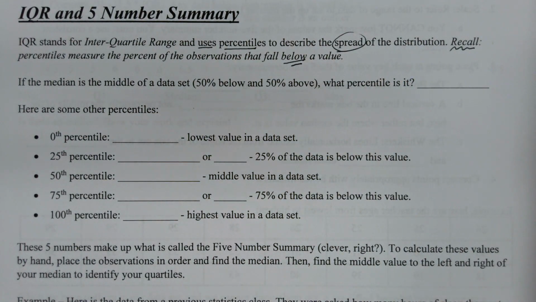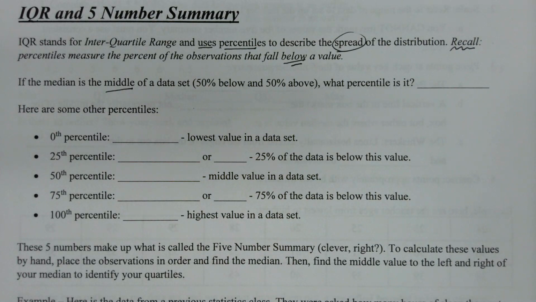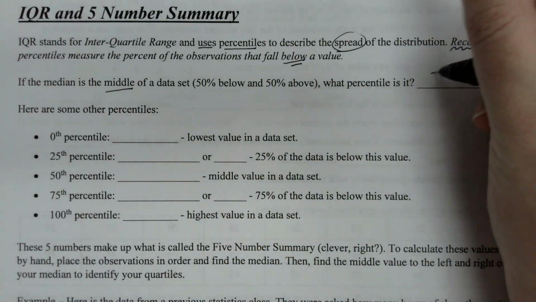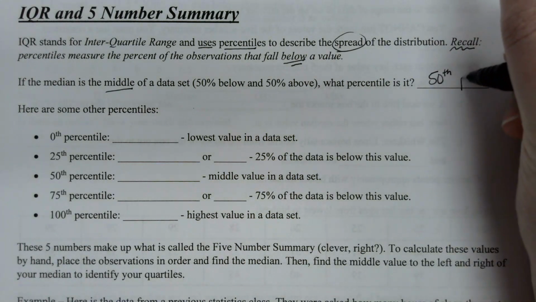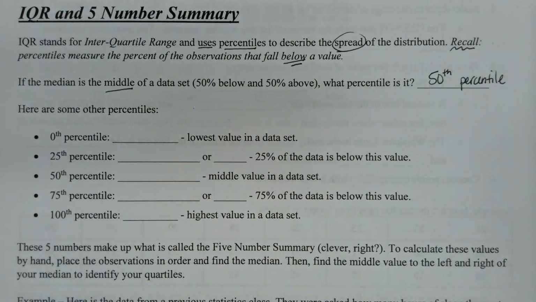We talked about with the cumulative relative frequency chart in the previous lesson that the median is in the middle of our data set. That means half of the data is going to be above my median and half is going to be below the median, meaning that we're right at the 50th percentile.